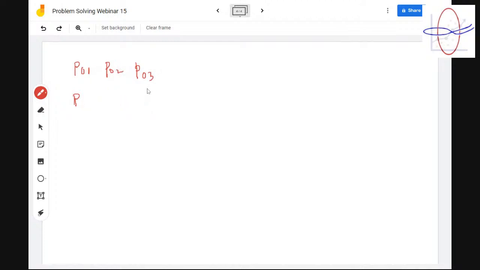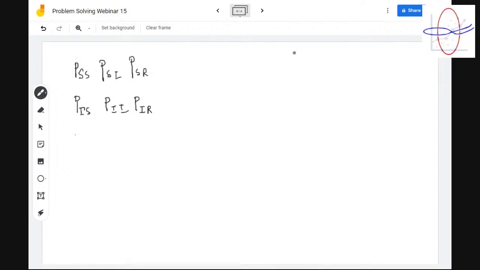Let's write it in terms of susceptible, infected, R, and then I will change it to numbers. So probability susceptible to susceptible, susceptible to infected, susceptible to recovered. Again, from infected to susceptible, from infected to infected, from infected to recovered.